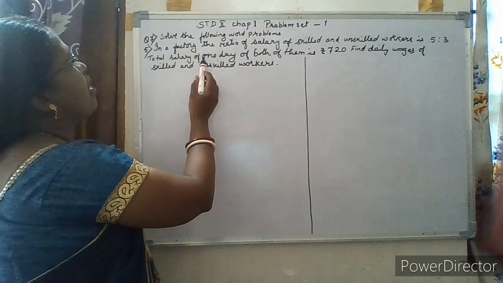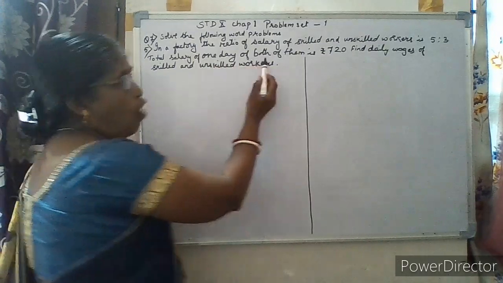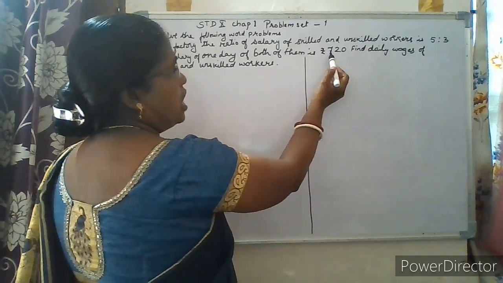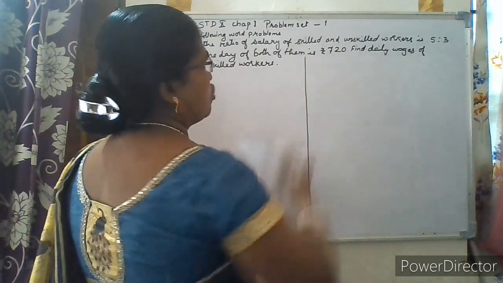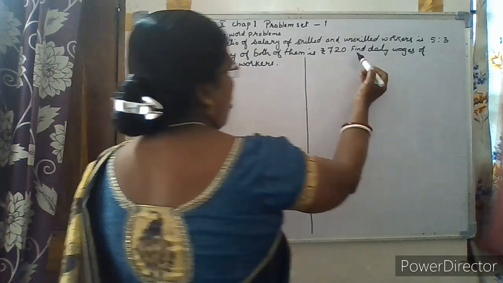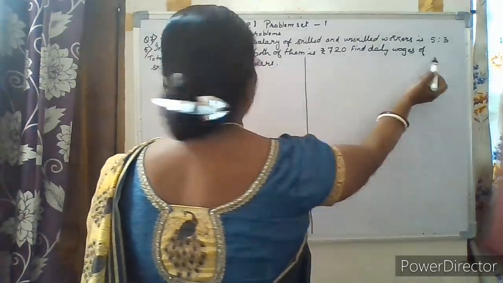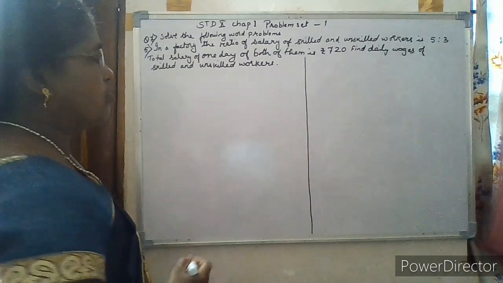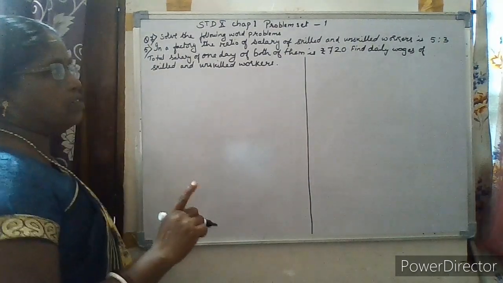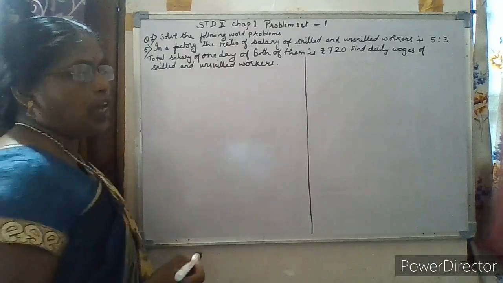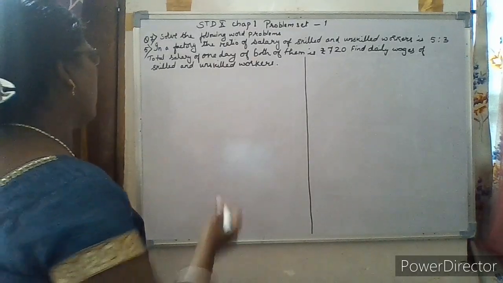Now, the total salary of one day of both skilled and unskilled workers together is 720 rupees. This is the second condition. The question is, find the daily wages of skilled and unskilled workers. So, we have to find out what a skilled worker earns and what an unskilled worker earns.